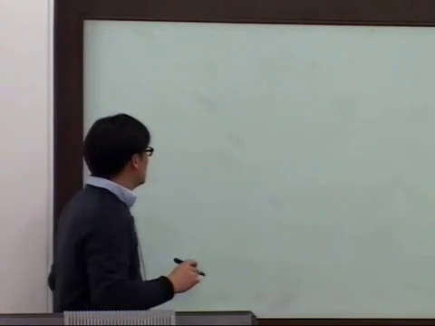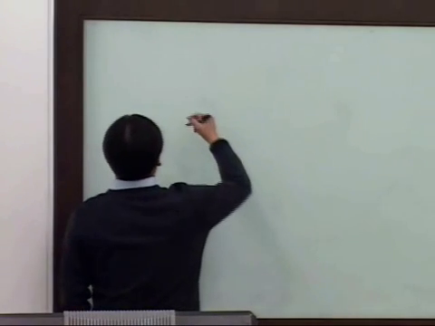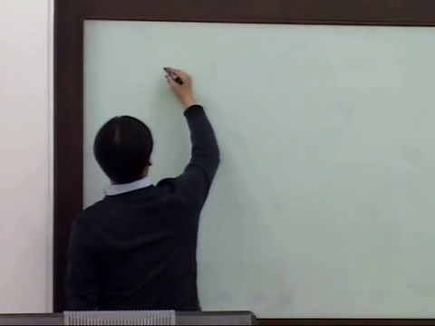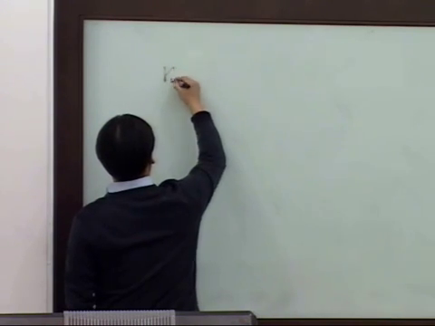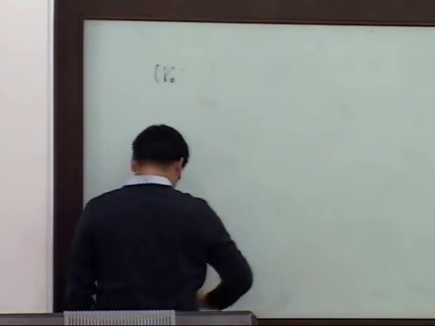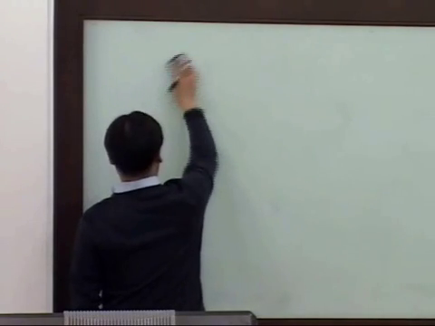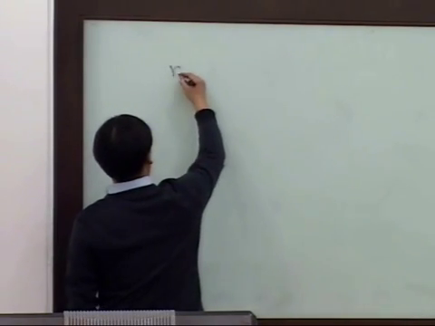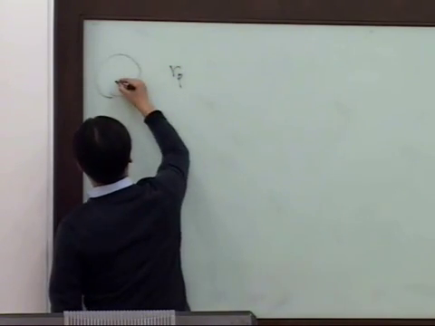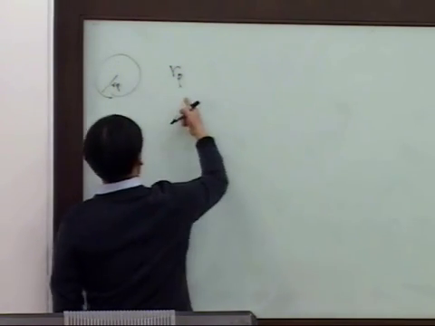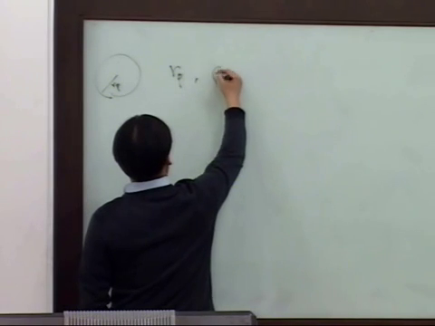Okay. So let's say you have the sphere. Let me use R instead of R naught. So there's a prototype, the sphere.